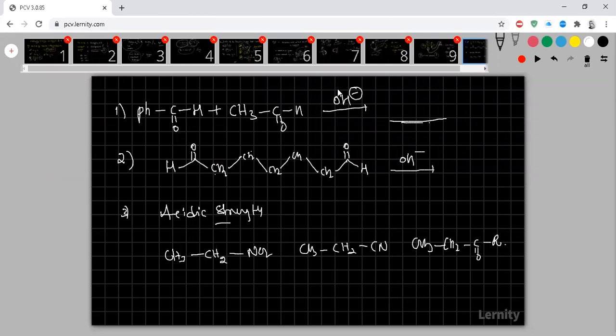Please copy them. And the fourth one is: what is the product of this reaction? CH3 C double bond O H plus CH3 NO2.